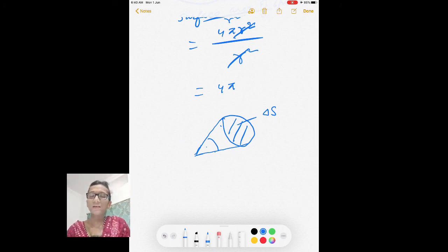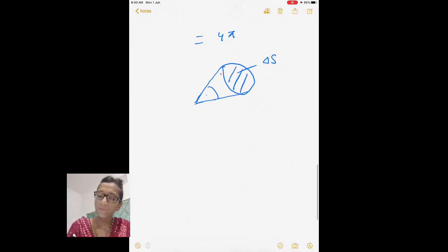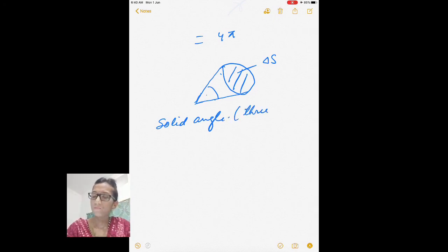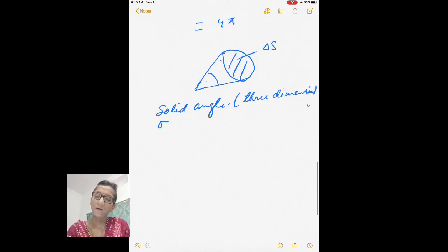It is made in three dimensions. So this is called solid angle. Solid angle is denoted by sigma. Its symbol is sigma.